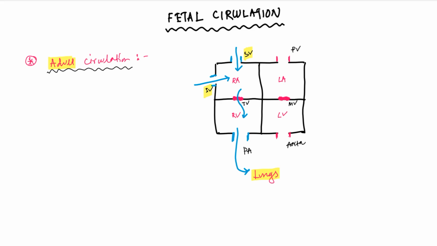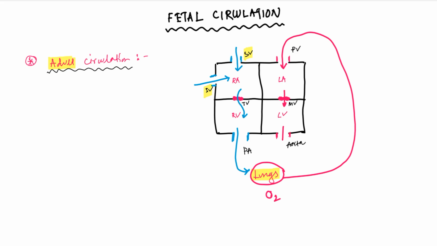As we all know, in the lungs the blood gets oxygenated. And this blood travels through the pulmonary vein into the left atrium. Now from the left atrium the oxygenated blood goes into the left ventricle through the mitral valve, and from the left ventricle through the aorta the oxygenated blood gets delivered throughout the body.